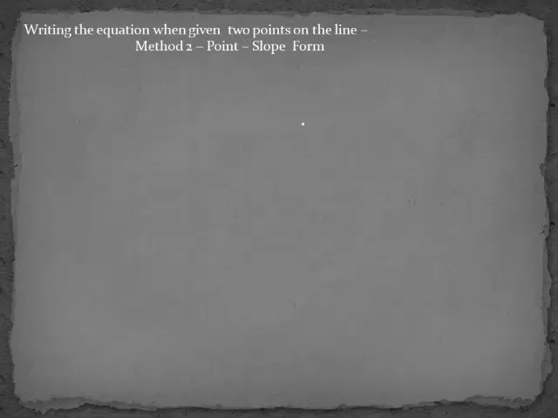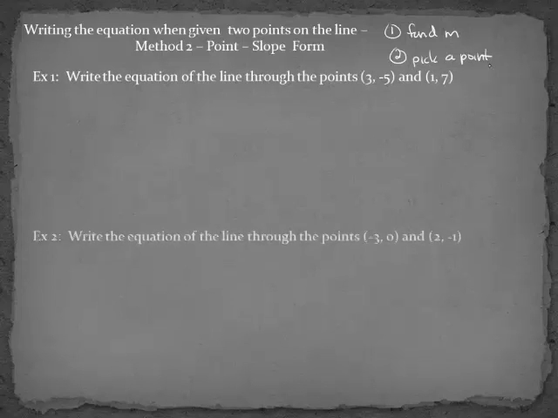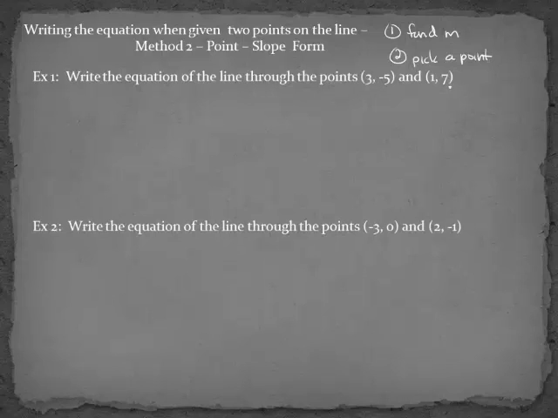Using the point-slope form, same steps. We're going to have to find the slope first, and then pick a point and plug in. Now with this one, depending on which point we pick, it will look different because we're using point-slope form, but they'll be equivalent.